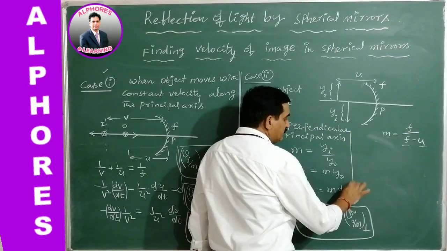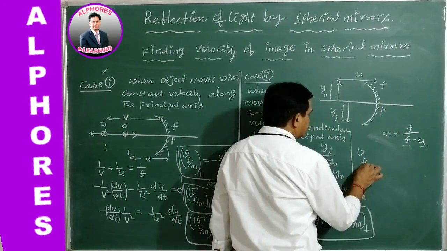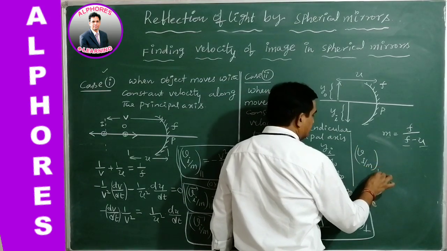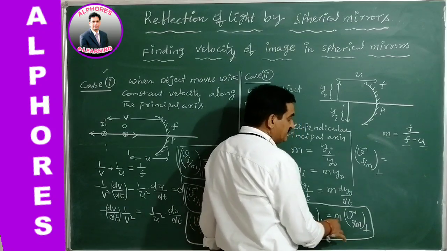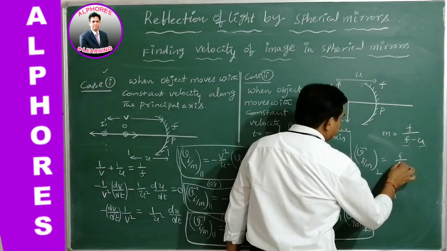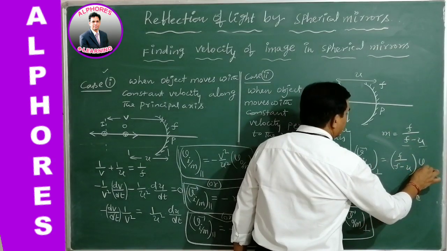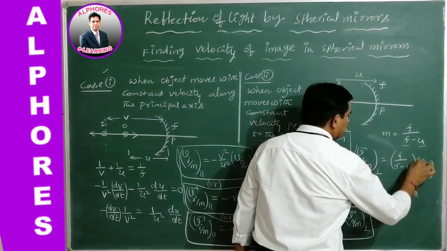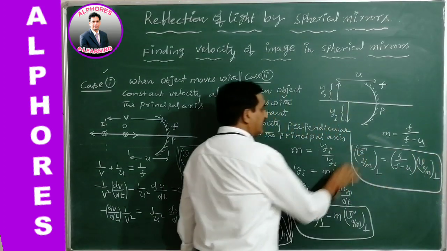Okay, we can also modify this. We can also write it as velocity of image with respect to mirror in the direction perpendicular to principal axis, which is equal to m, the magnification. We can substitute here f by f minus u into velocity of object with respect to mirror, perpendicular component. So you can select any one.